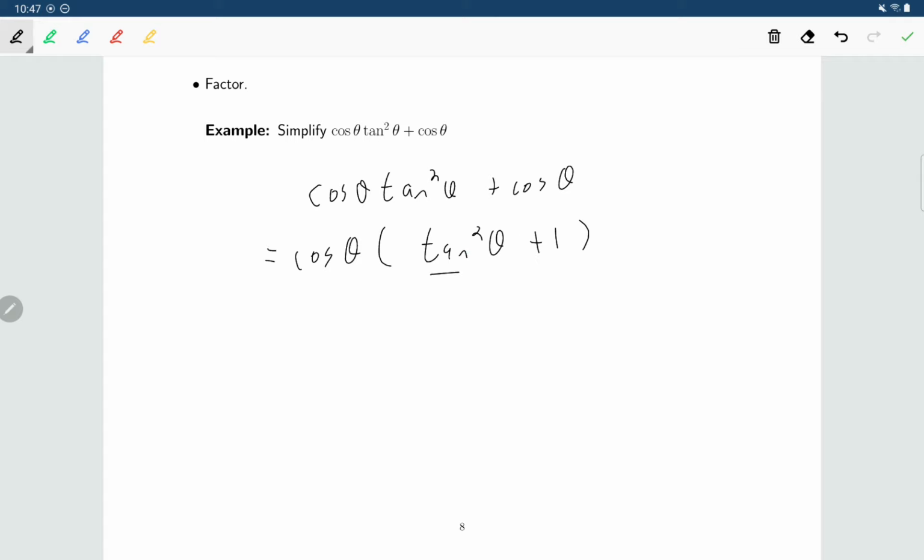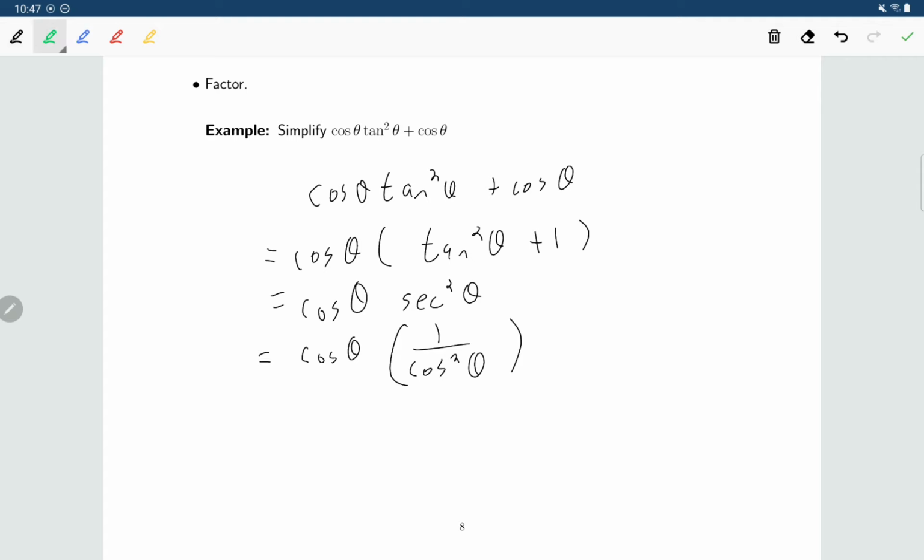And here's where I'm thinking about my Pythagorean identity. I know that tangent squared plus 1 is the same thing as secant squared. And I also know that secant is the reciprocal of cosine. So secant squared is the same thing as 1 over cosine squared.